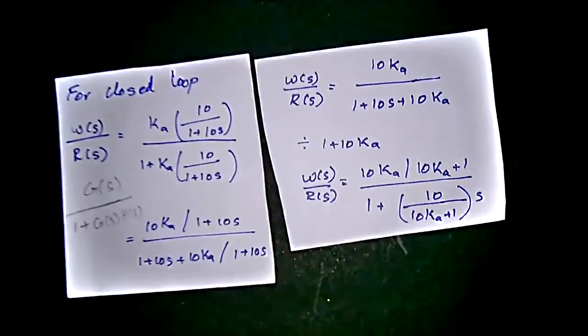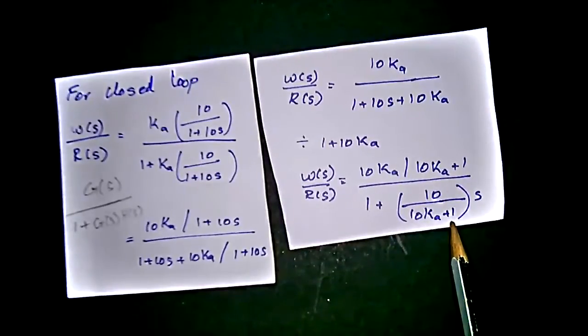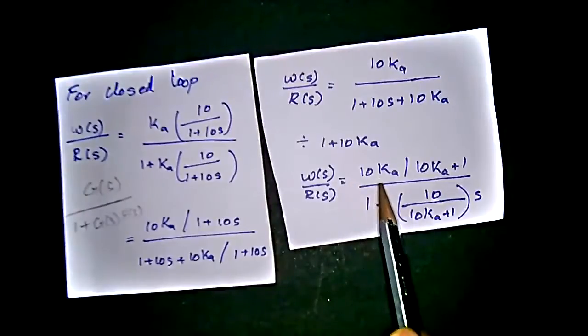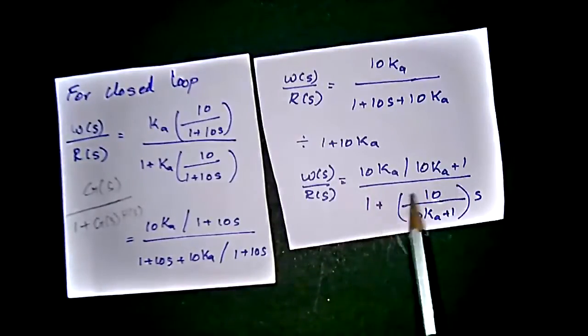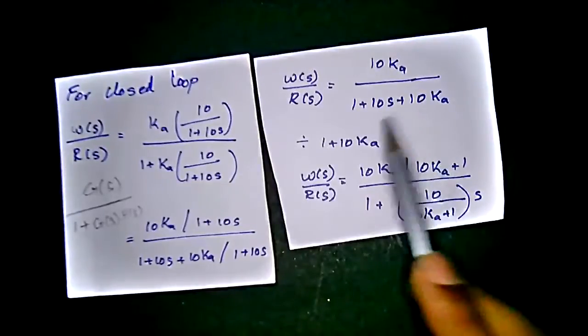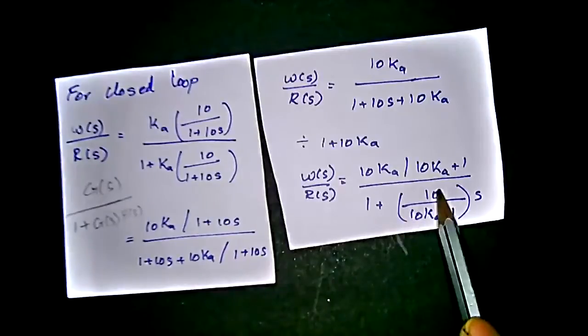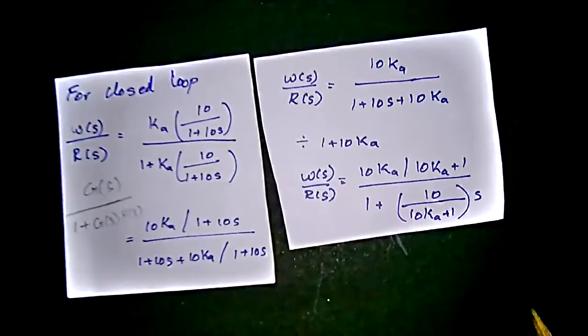So we go for the 1 term in the denominator: we divide the numerator and denominator by 1+10Ka, so that we get 1 plus a term. We get 10Ka/(10Ka+1) divided by 1 plus s·10/(10Ka+1). So we have the closed loop equation, and we also have the open loop equation.